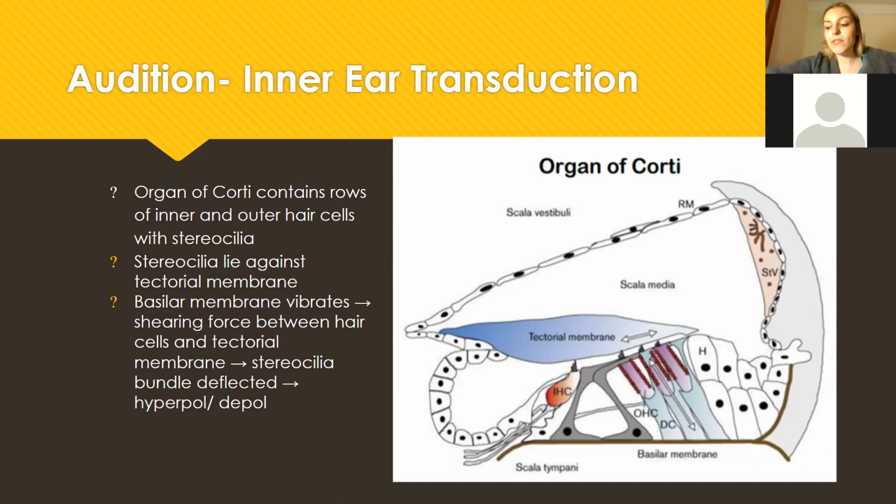However, when the basilar membrane moves up, our stereocilia move in the direction of the kinocilium. Our tip links tighten, the channels open further, and then we get depolarization. So when the basilar membrane moves down, they close, and vice versa.